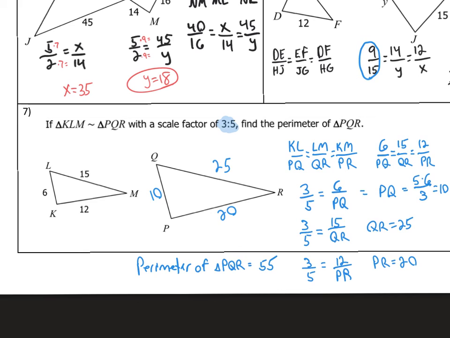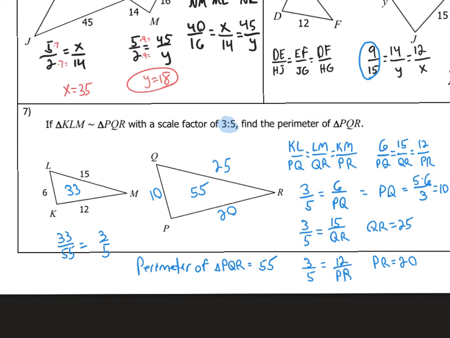Now, I said I was going to show you something interesting. I'm going to find the perimeter of KLM. So 6 plus 12 plus 15 equals 33. And then PQR, we found it to be 55. And I want to show you something. The scale factor of KLM to PQR would be 33 to 55, which reduces to 3/5.